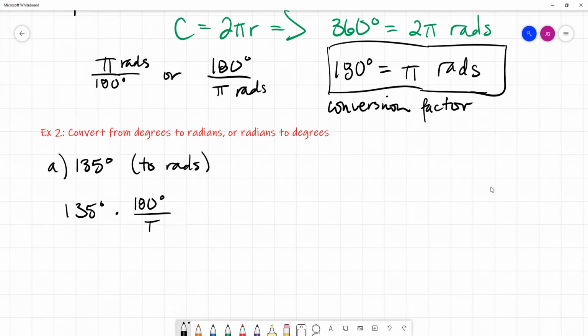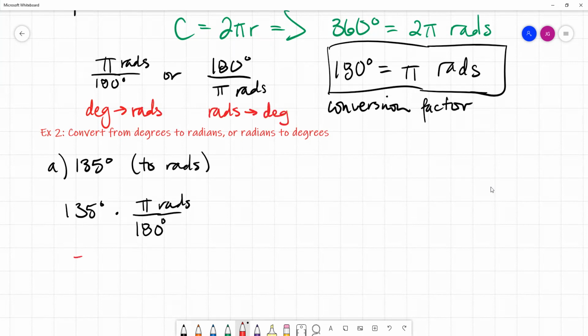That doesn't make any sense. So we need to make sure that the degrees gets divided out. So I need to multiply by that first conversion factor, pi over 180. So always make sure that the units that you want is in the numerator. So if I want to go to radians, I'm going to use this one. So this is going to be from degrees to radians. And so this one is from radians to degrees.